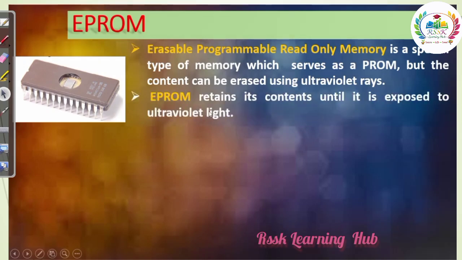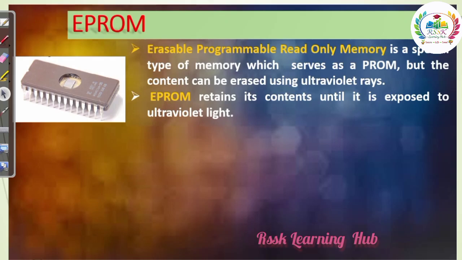It retains its content until it is exposed to radiation. Until you pass ultraviolet rays, it will retain the stored content. This ultraviolet light clears the content and makes it possible to reprogram the memory.